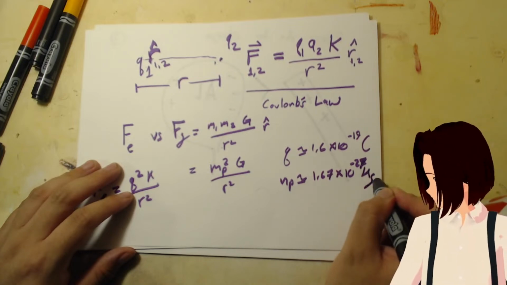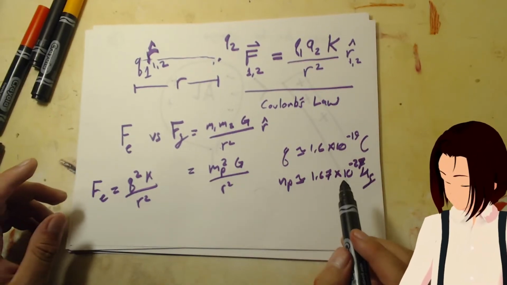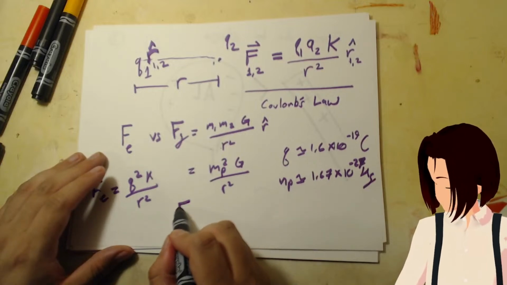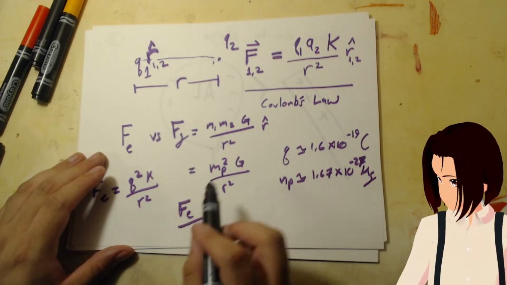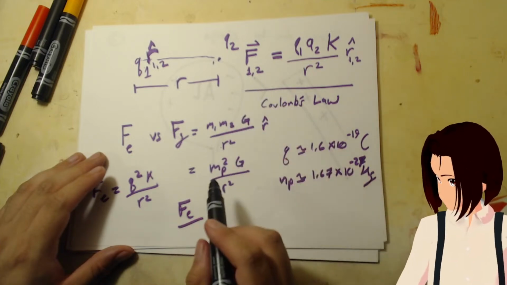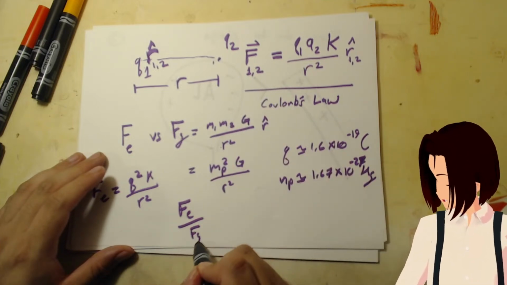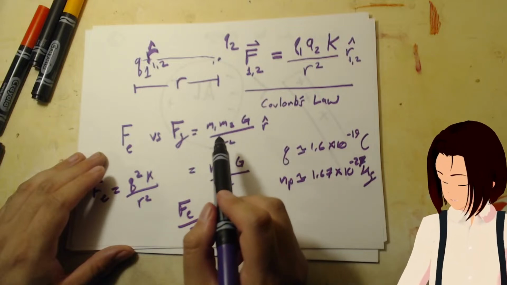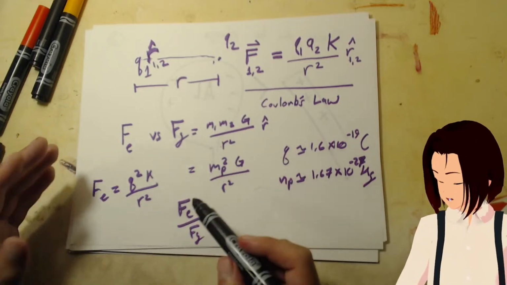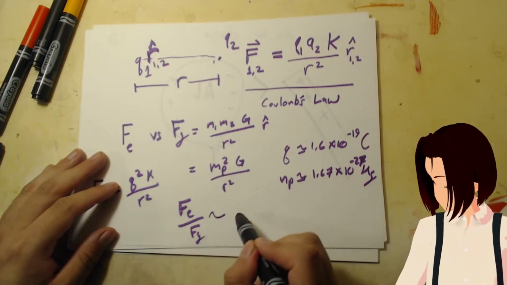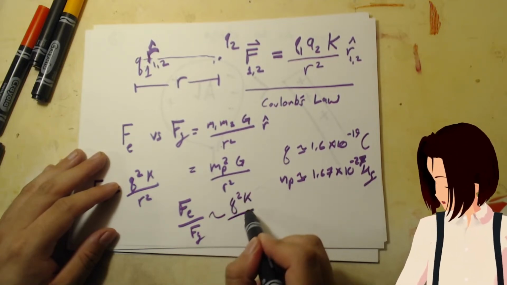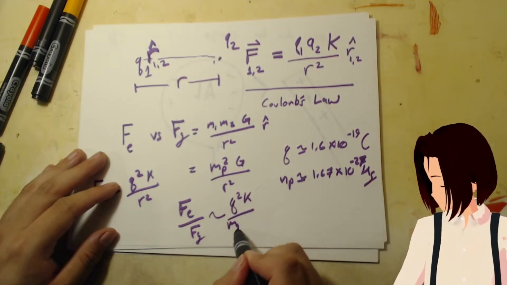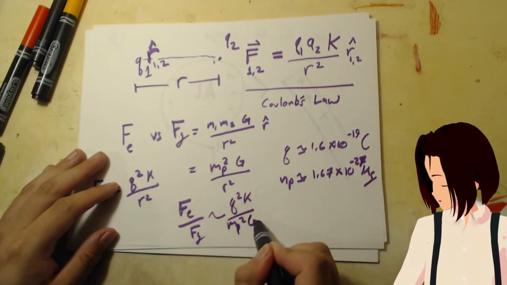kilograms. So if we know this, and we divide the electric force, this one right here, by the gravitational force, that one right there, we're going to get about the constant divided by the mass of the proton squared times the gravitational constant.